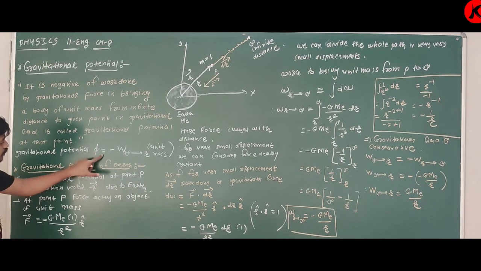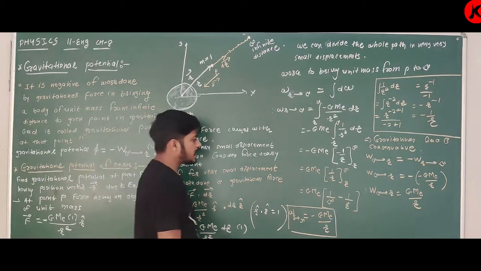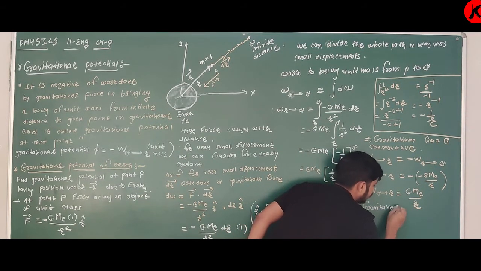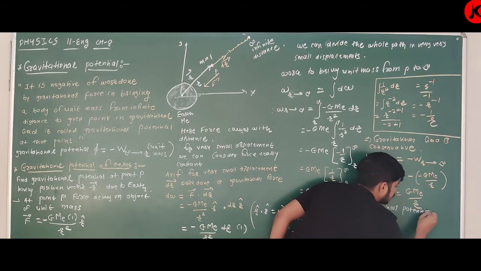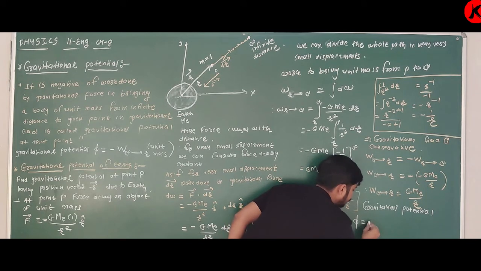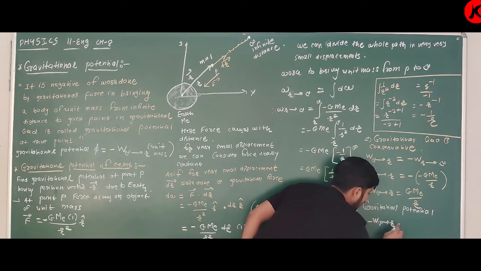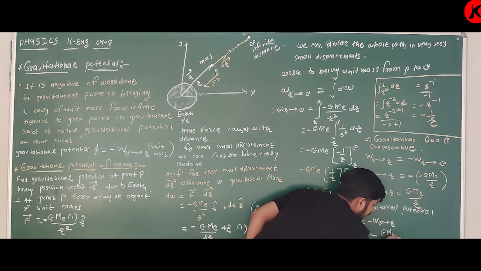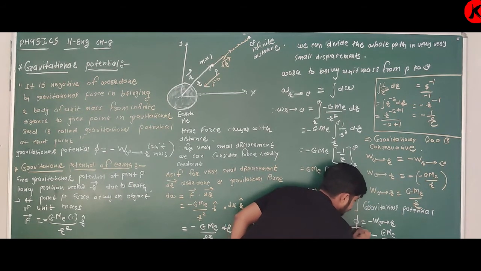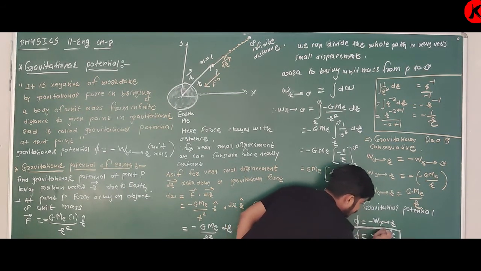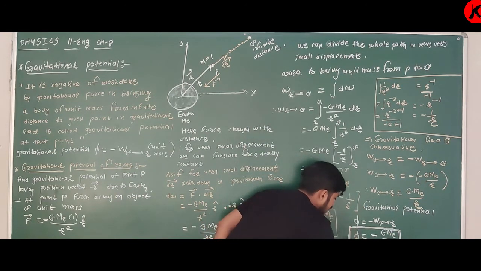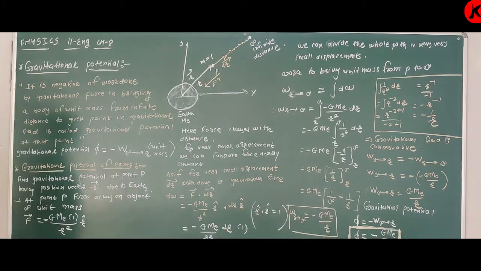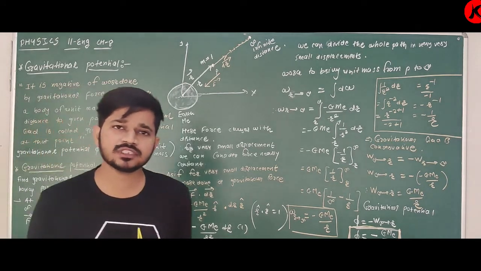Gravitational potential phi is equal to minus W infinite to R. So phi is equal to minus GME upon R. Clear about this? Okay.